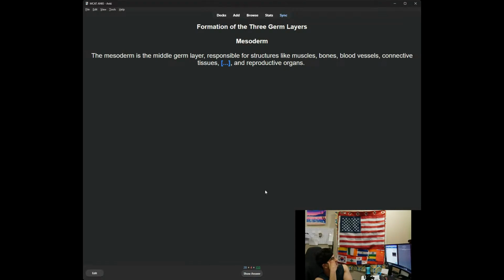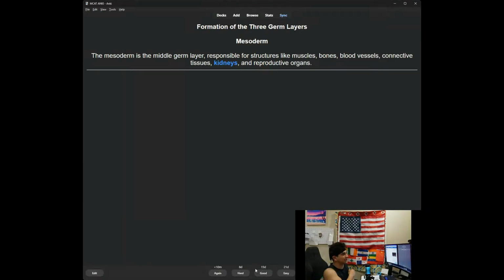Mesoderm, we got muscles, blood, bone, blood vessels, connective tissue. So it's not lungs. Is it kidneys? Let's go. This is like freezing on me or something.